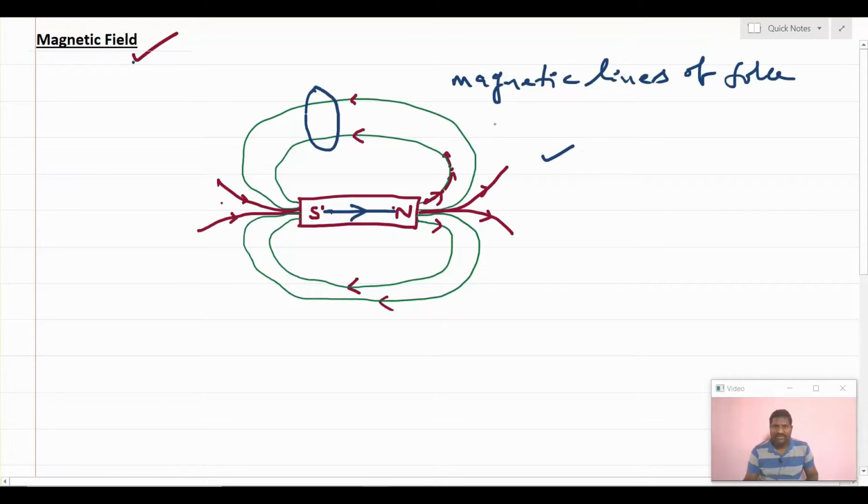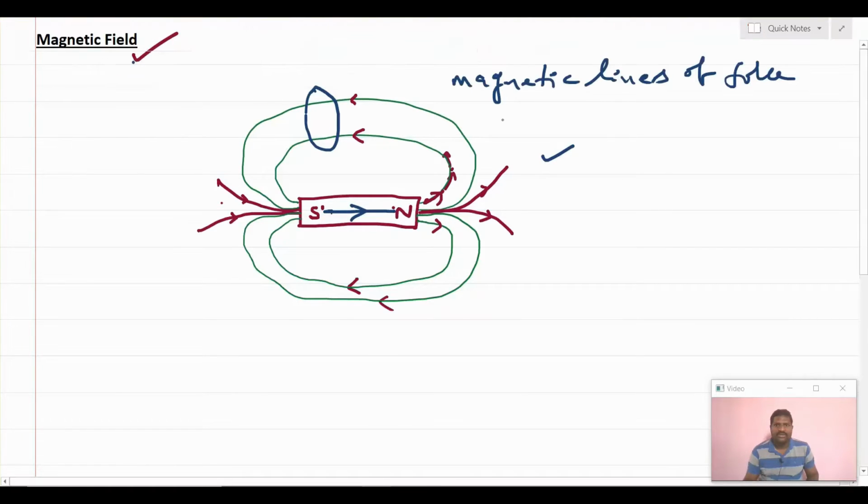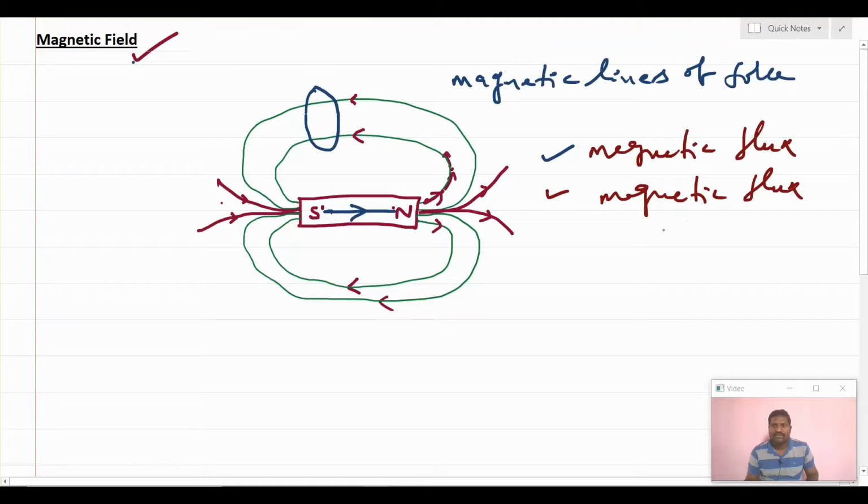We can define two terms here: magnetic flux and magnetic flux density. The magnetic flux represents the number of lines passing through an imagined plane in a field.